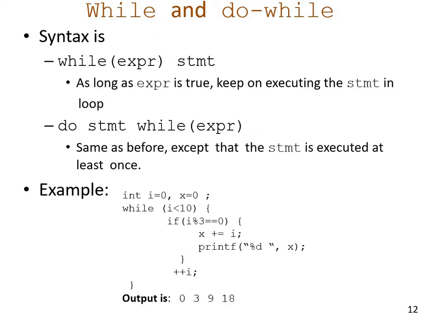If i percent 3 double equals 0, then it will get inside the loop, increment the value, and assign the value to x. Then it goes to plus i, and you will get the output as 0 because 0 is divisible by 3, then you will get 3, then 9, then 18. All of these will be printed.